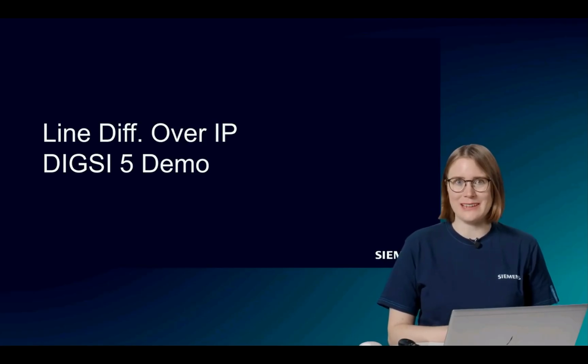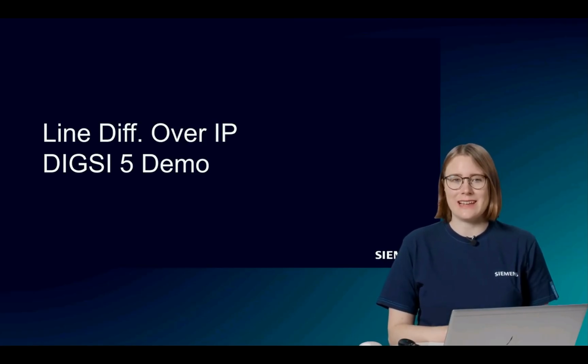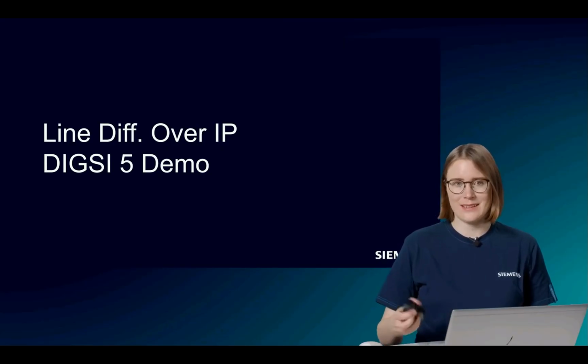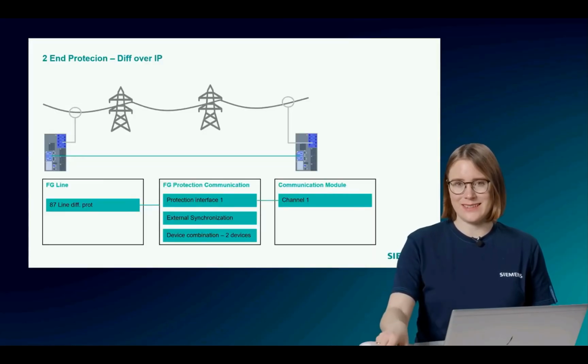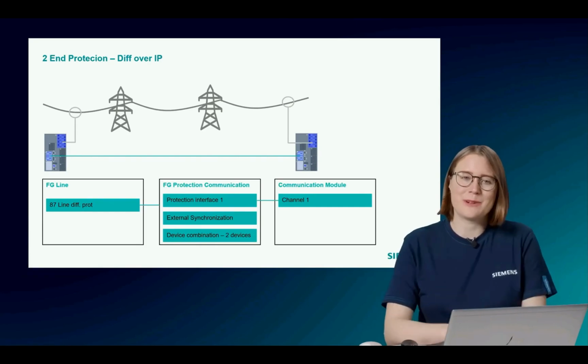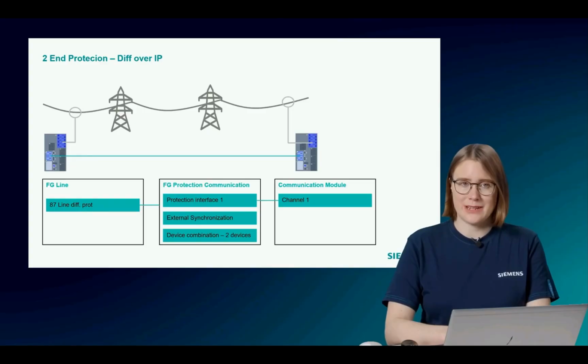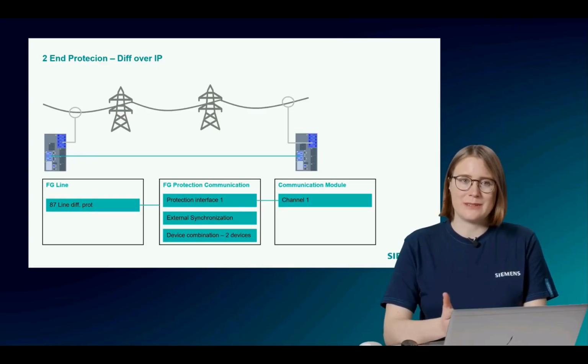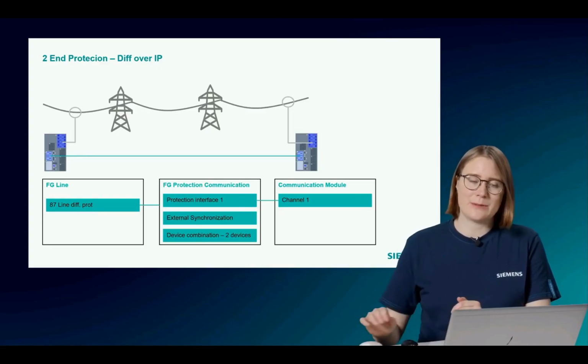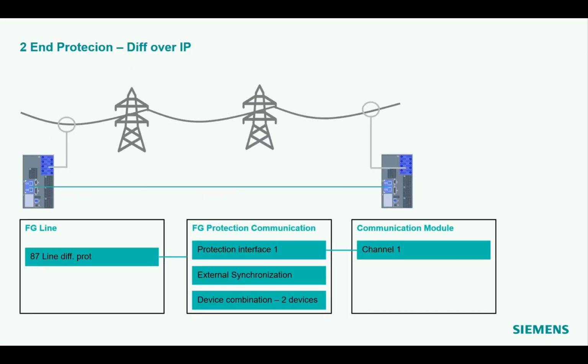Now we come to the last part of our session, the line diff over IP DIGSI 5 demo. In this demo, I want to show you a simple example for a two-end protection for a diff over IP scheme. It means we have one line, two devices to protect this line, and one communication link between the two devices.